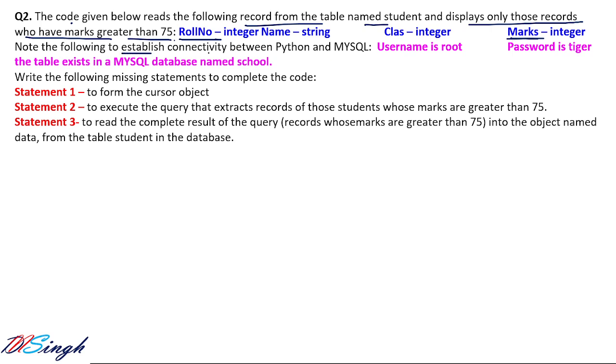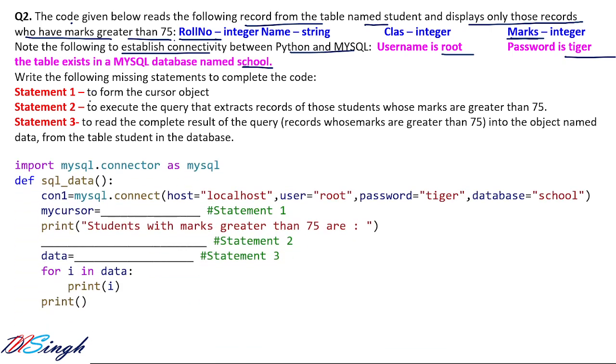Note the following to establish the connectivity. We have the username root, tiger is the password, and the table exists in the MySQL database named school. So what is the name of the table? Student, and the database name is school. Now they have given the code also. Imported mysql.connector as mysql. So this is an alias name given to this whole thing.